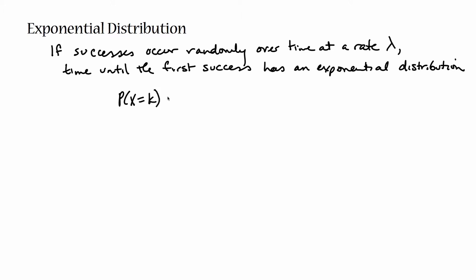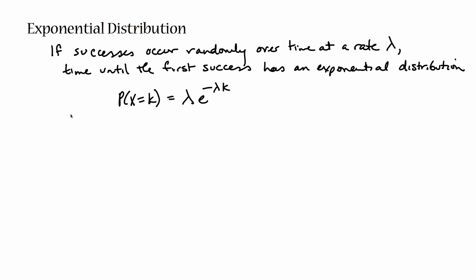The probability that x is equal to k is going to be lambda, the rate of successes, times e to the negative lambda times k. So if I'm talking about death rate, this is the probability that I die at time k: the mortality rate times e raised to the negative mortality rate times k.